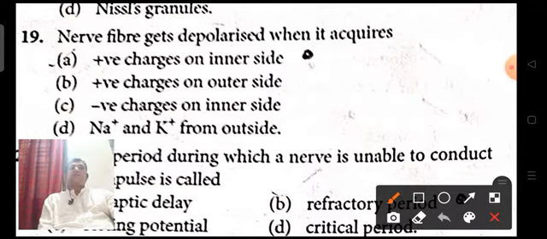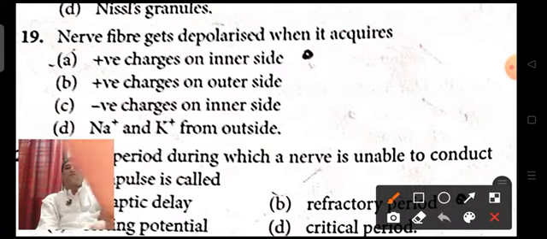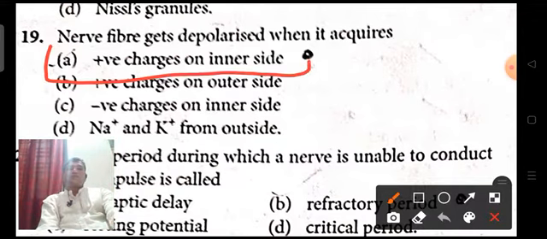Depolarization means there will be a shift in ions. Positive charges on the inner side will be shifted, with more positive charge inside and more negative charge outside. So your answer for this question is A.